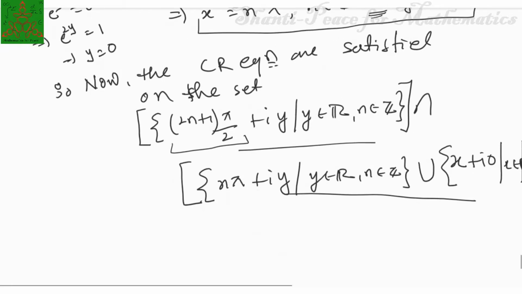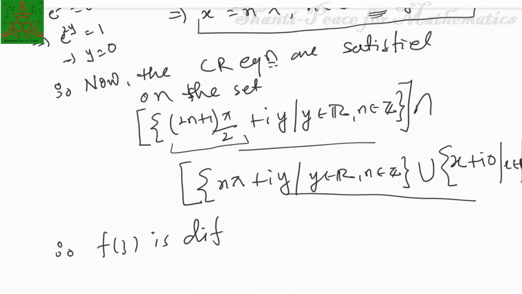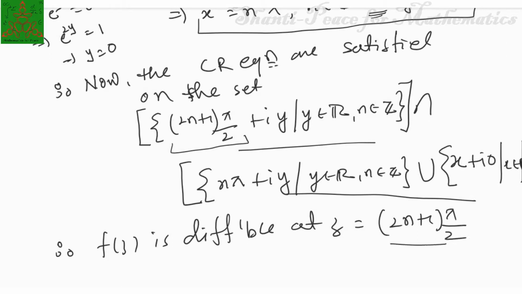Therefore f of z is differentiable at z equal to (2n plus 1) pi by 2. But what is the neighborhood of this point? So what is the situation? These are the points pi by 2, 3 pi by 2, 5 pi by 2 and so on.